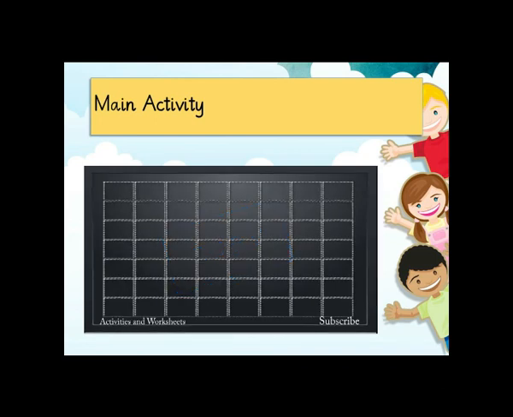Every kindergartener knows 1 to 100 counting. Tell your child or student to write 1 to 30. For example, 1, 2, 3, 4, 5, 6 till the number 30. When they are done with their writing, now ask them to write these numbers in opposite direction.